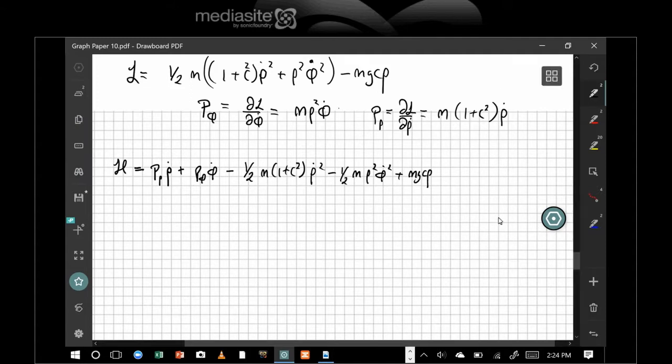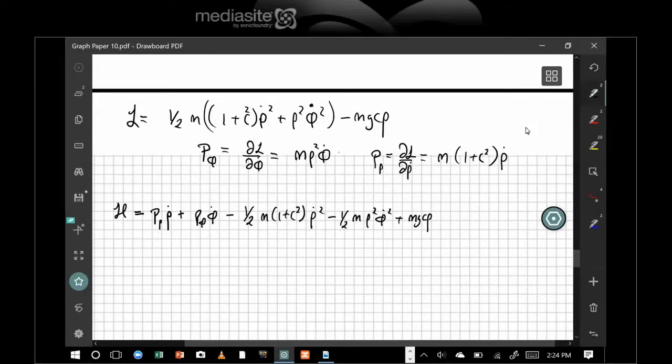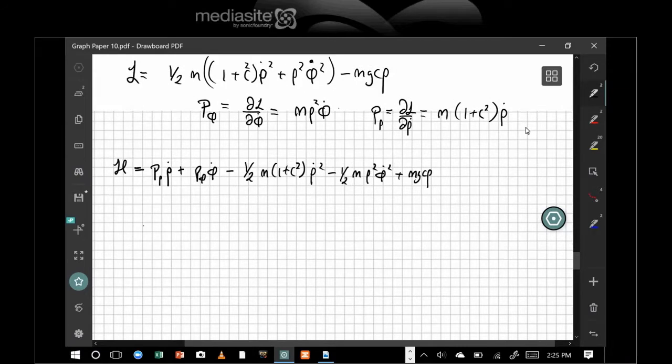Again, this term here, that term there, and that term there need to go away. So how am I going to do that? Well, I'm going to use the definitions of the generalized momenta that I have here. So what I can say is that rho dot is equal to p sub rho divided by m times (1 plus c squared).